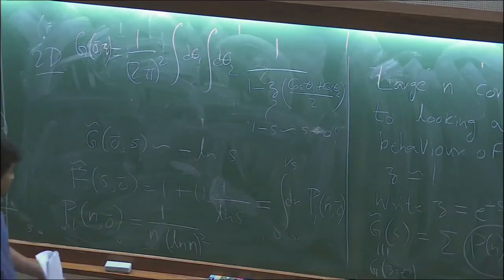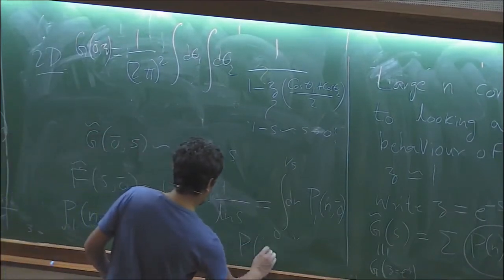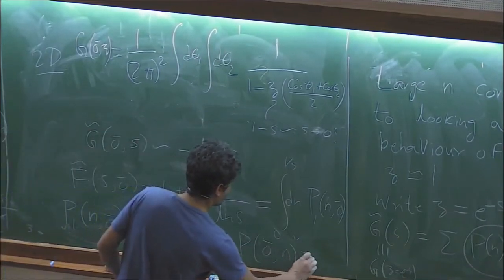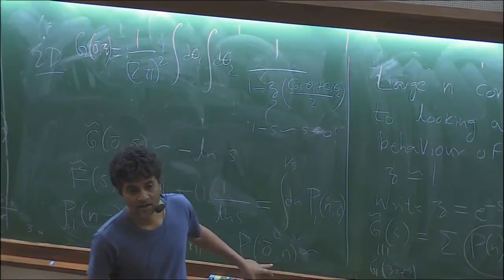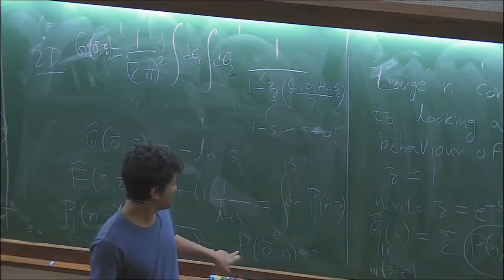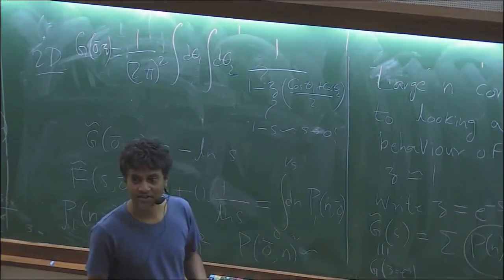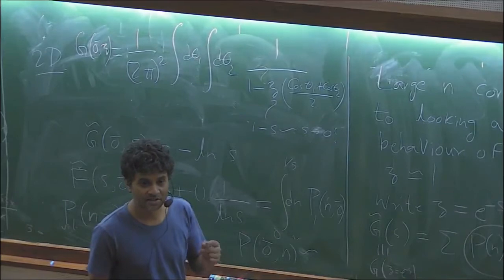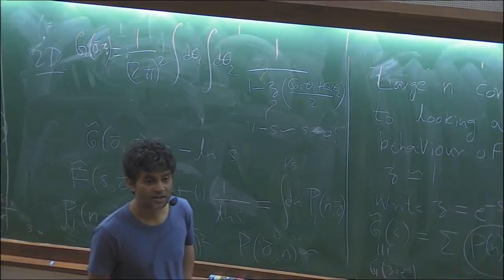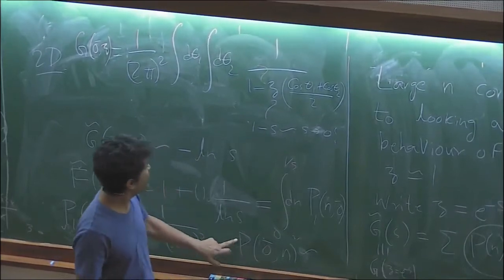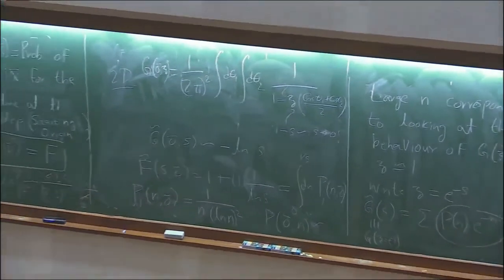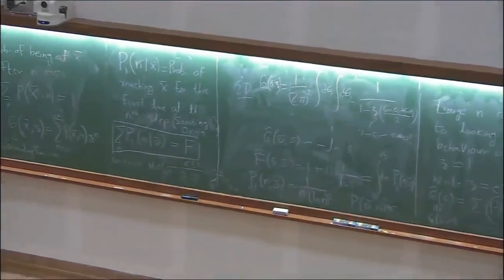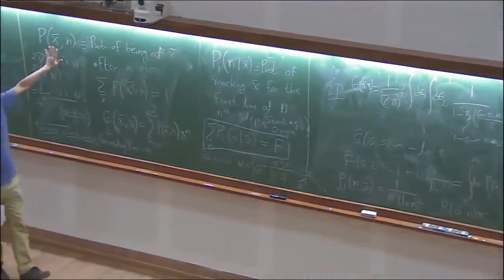So what is this in 2D? For large n, what is this? No, this is the probability that you are at the origin at some large time n. No, this is the other object, right? There were two objects, P1 and P. So now I'm asking about P in 2 dimensions, if I put x bar equal to 0, at large n, what does it look like?